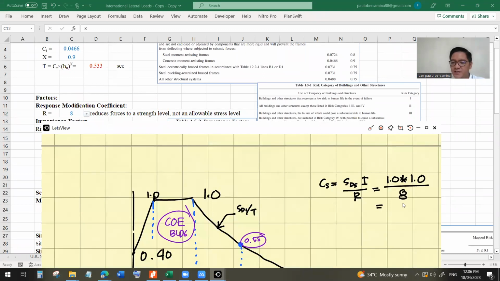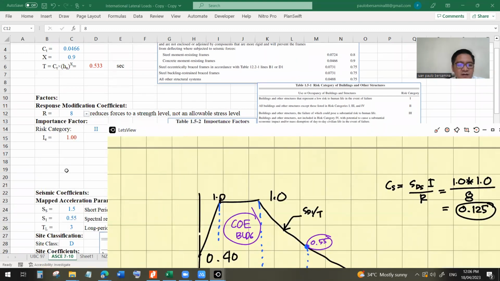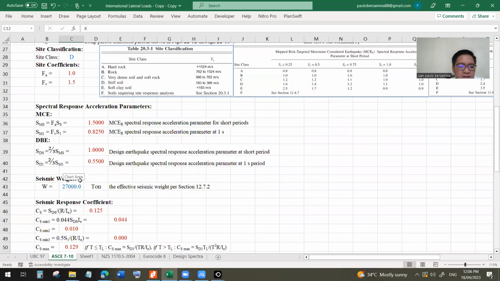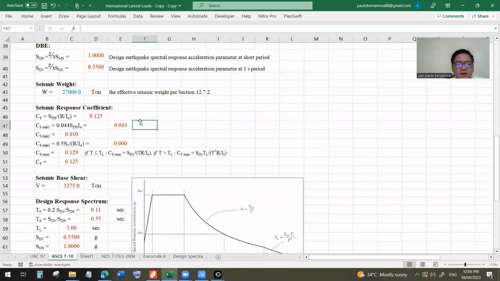When you operate that, you will get 0.1. Kasi yan yung formula ng peak.